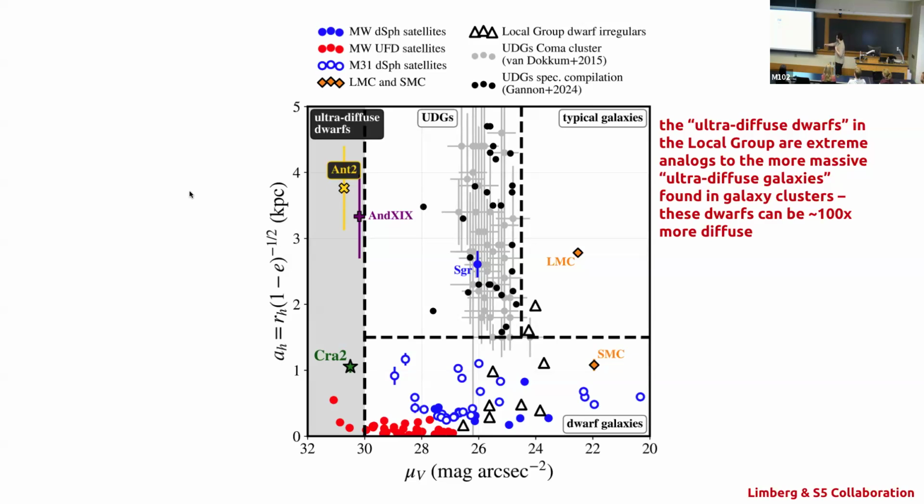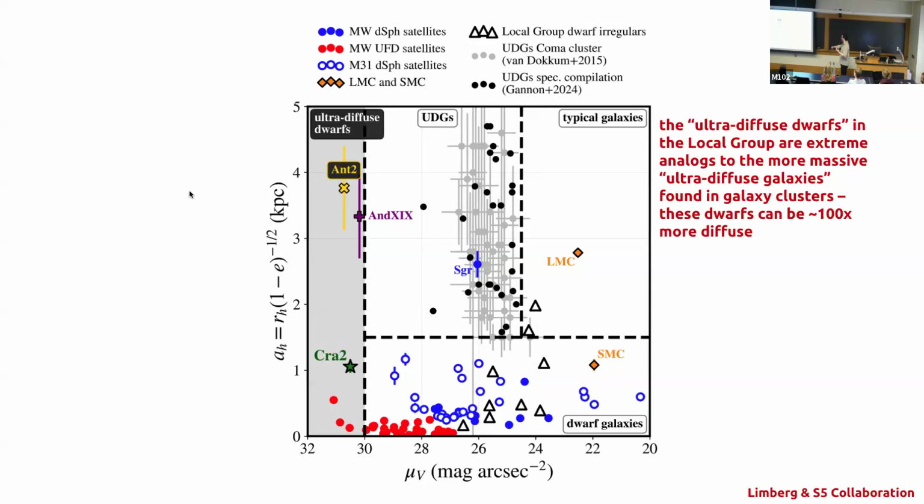However, these galaxies that I'm talking about, these satellites of the Milky Way and M31, are a lot more extreme. They are really local extreme analogs to these ultra diffuse galaxies. In terms of surface brightness, these ultra diffuse galaxies are at about 25 right here, and all of these satellites have surface brightness larger than 30 magnitudes per arcsecond squared.